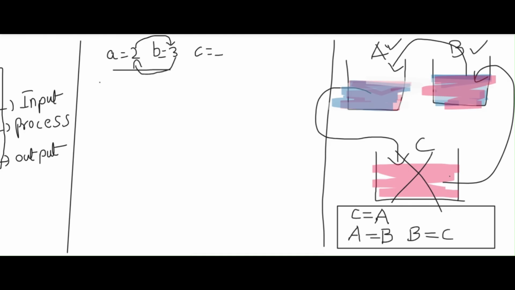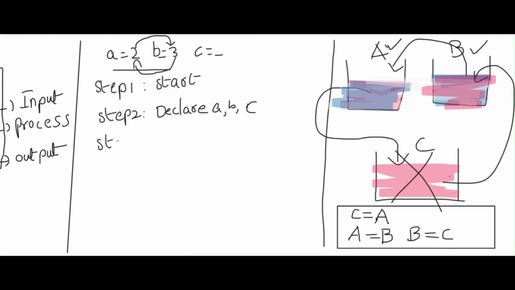Now, can we write an algorithm for this swapping? Step one, as you know, is start. And what is step two? We will discuss declaration later. I have three variables, A, B, C. Now, what is step three? I think you can write it easily now.